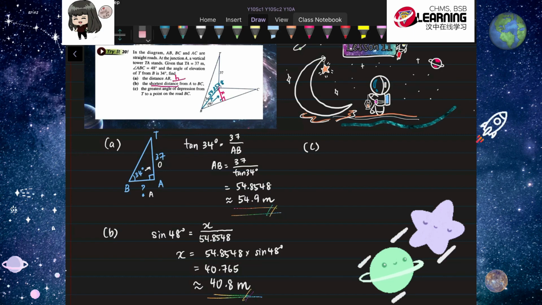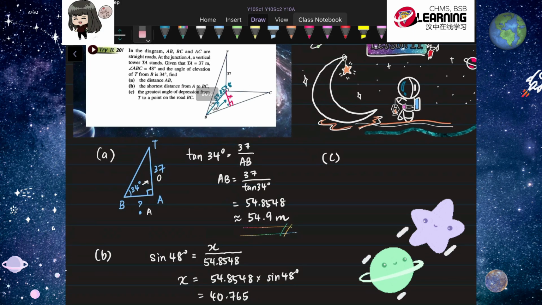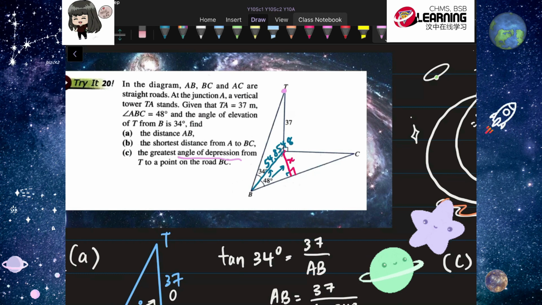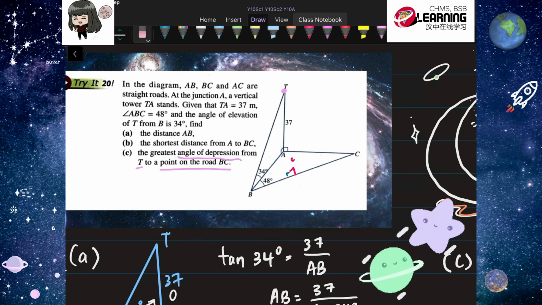Okay, let's look at C. The greatest angle of depression. The angle of depression is a looking downwards angle from the horizontal, from T to a point on the road BC. If my T is here, I'm looking down from a horizontal level.